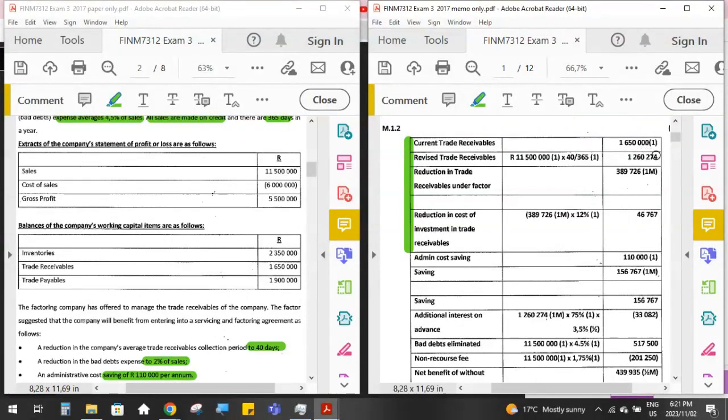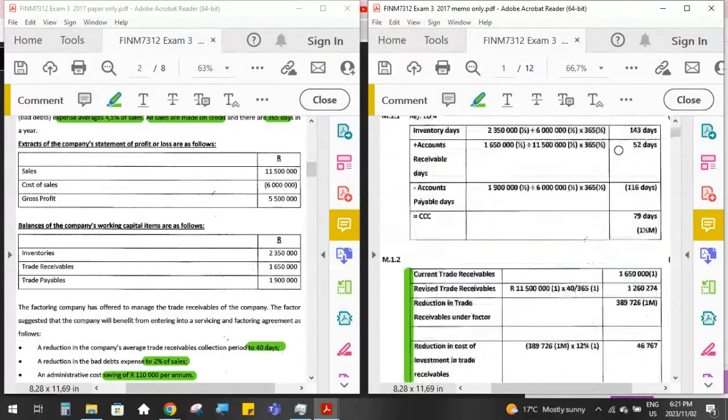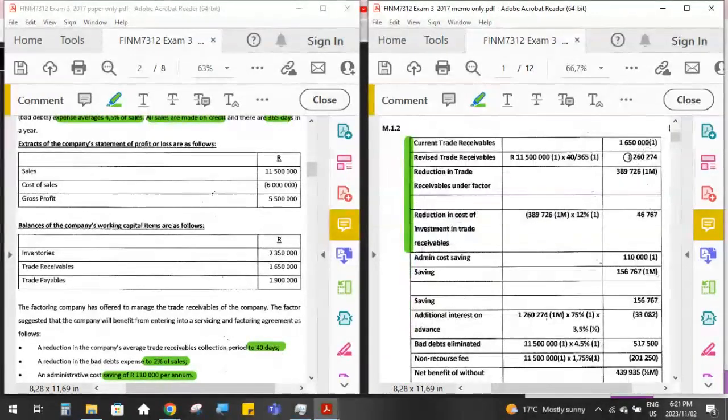And that gives us our revised average amount invested in trade receivables. Then we can see that that amount is going to reduce because we're going from what was at 52 days down to 40 days in our accounts receivable. So a total reduction in the investment of 389,726.